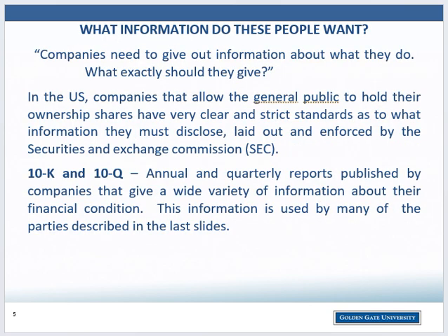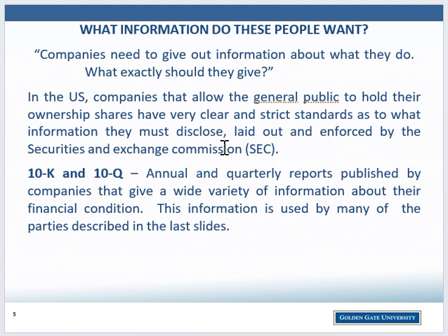And then the question is, what information do these people want? But more importantly, where will they get it and what exactly should be given? In the US, specifically, companies that allow the general public to own shares, in other terms, public companies, have very clear and strict standards as to what information they need to release, in what format, etc. That's enforced by the Securities and Exchange Commission, in short, SEC.